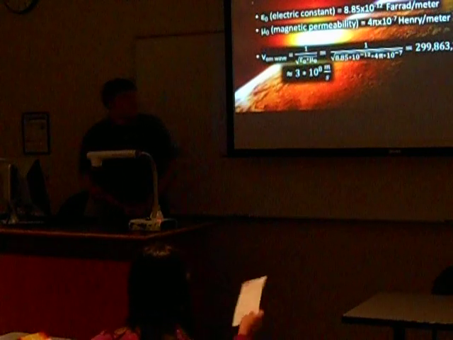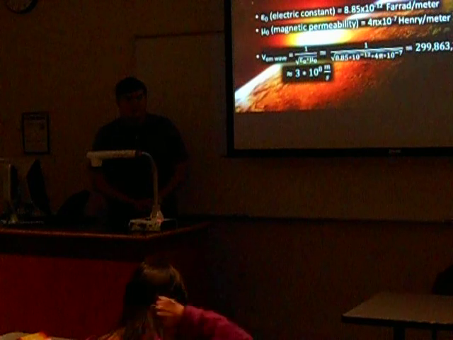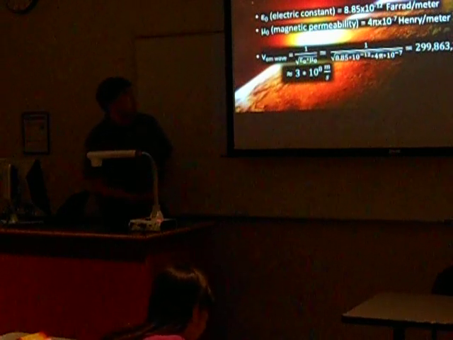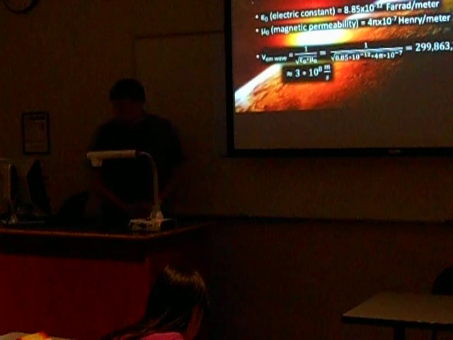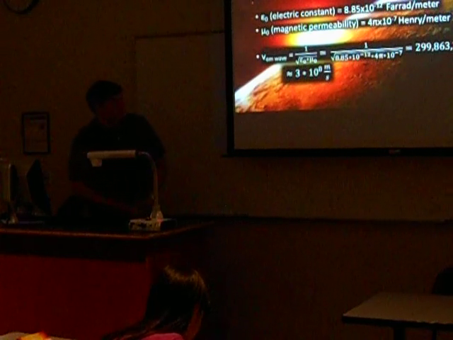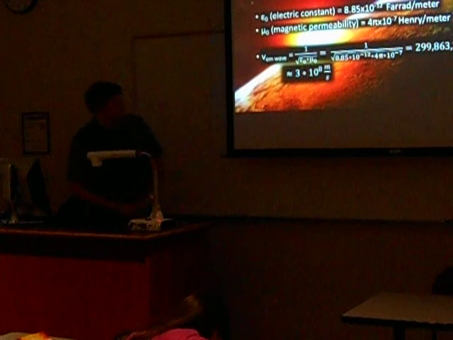Now, this equation is given by general physics, that if you take 1 over the square root of the product of these two constants, you'll get the speed of light, which we just round to 3 times 10 to the 8th meters per second, because that large number is so close, any difference is negligible to us.